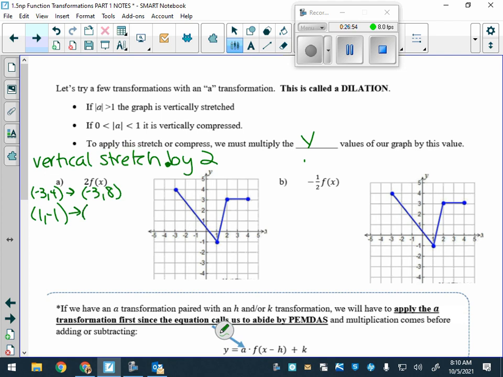Right? 1, -2. Connect as I go. Okay. How about 2, 3? What would be my new point? Ava? 2, 6. Good.